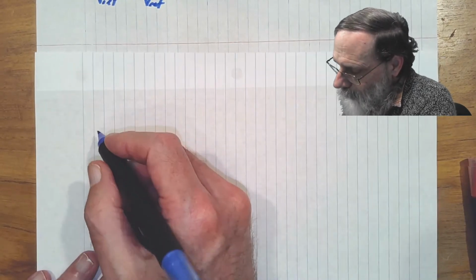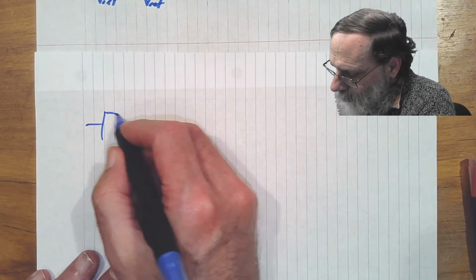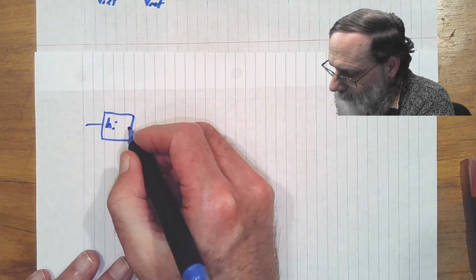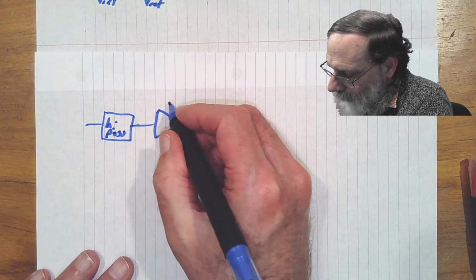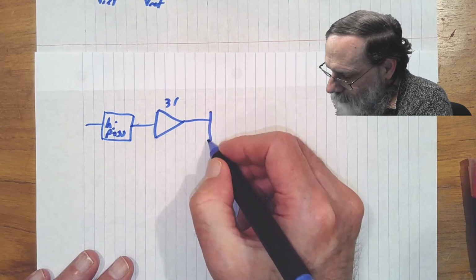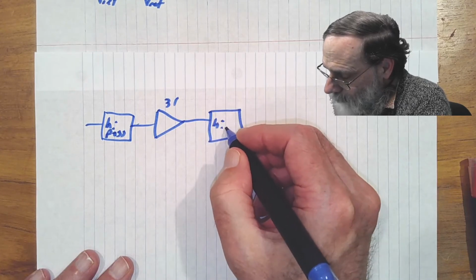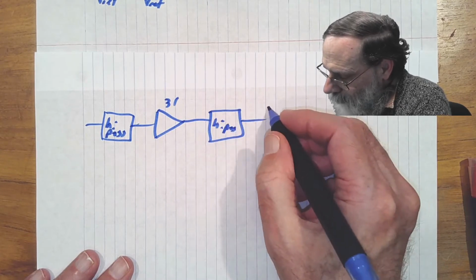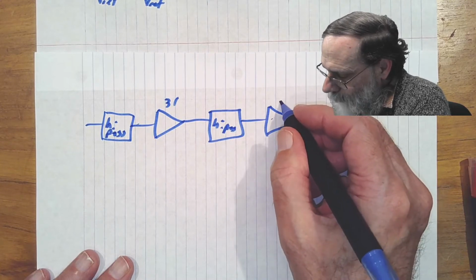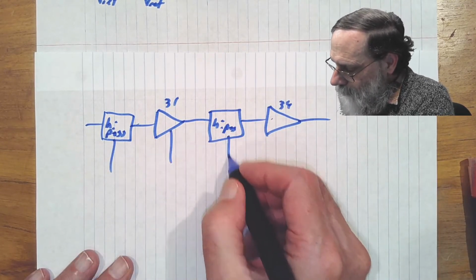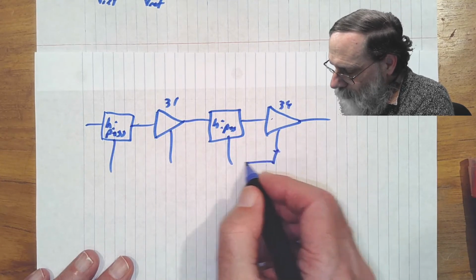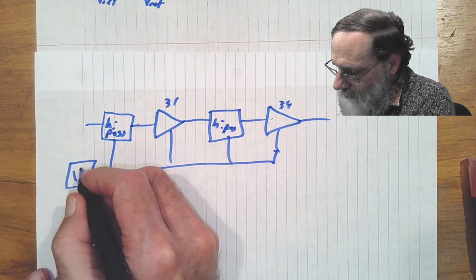What we can do is put in the high-pass filter, put in that gain of 31, put in another high-pass filter, put in that gain of 34, and now all these things hook up to the same Vref.